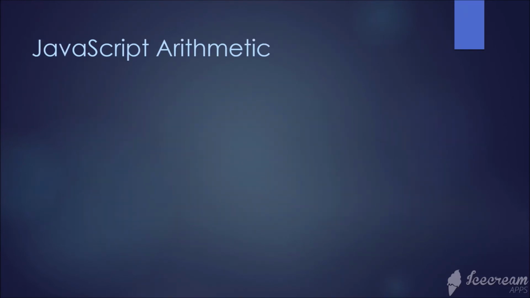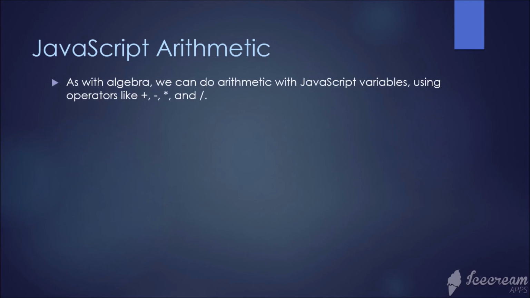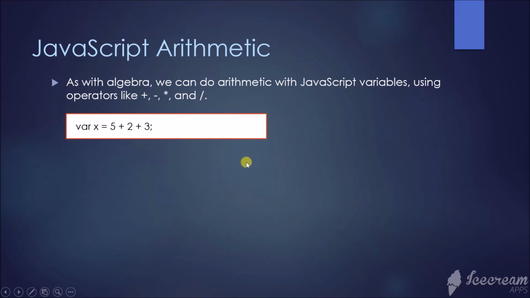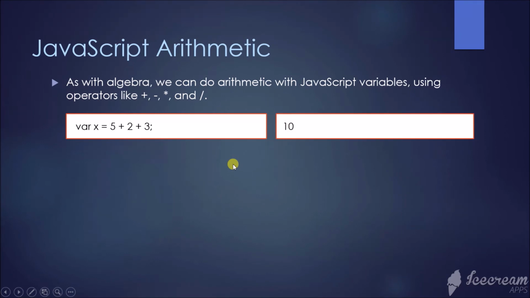Okay, so JavaScript Arithmetic. So as with algebra, we can do arithmetic in JavaScript variables using operators like plus, minus, times, and divide. So we have here yung sample declaration natin, and we also have this kind of expression wherein if we try to calculate this one, the value of x will be basically 10. Okay, so JavaScript can do that.